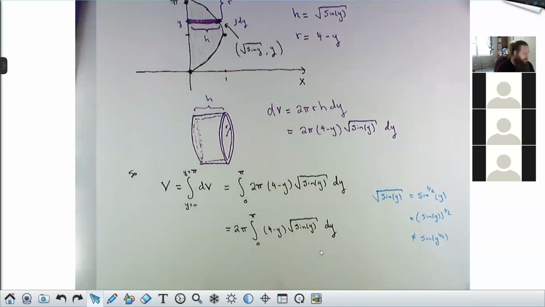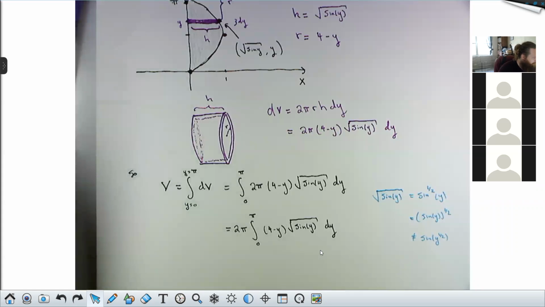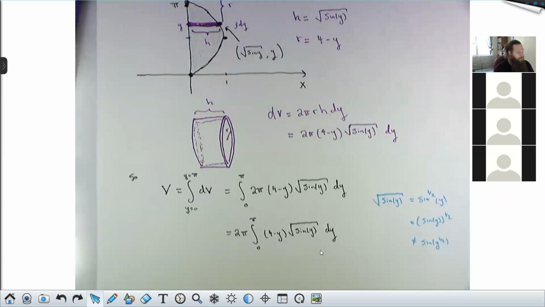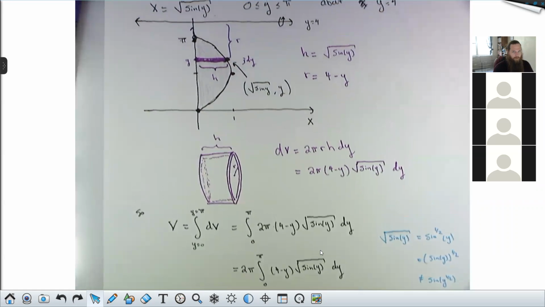You could distribute the 4 minus y, that's an option. So you'd have 4 times that square root minus y times that square root. But that doesn't appear to do anything nice for us. We may end up splitting it up in the end anyway. But my first thought was, perhaps we should think about using a different method here.